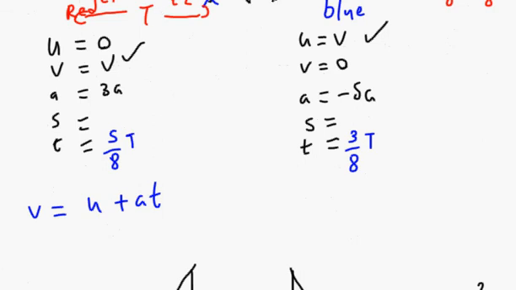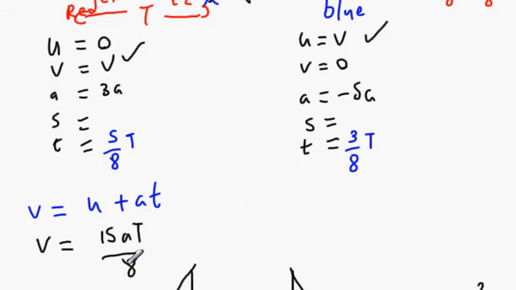So what v here is going to be is v equals u plus at, which is going to be 0 plus 3at, so it's at, and at is going to be 15at divided by 8.